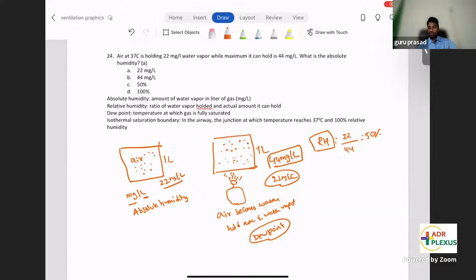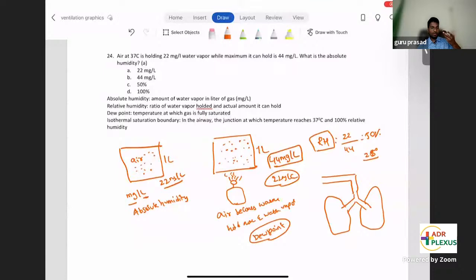Okay. So next important thing is, what is isothermal saturation boundary? Let us assume this is the bronchus, trachea, this is your lungs. Normally whenever we breathe in air, the room temperature will be around 25 degrees or something, and the water vapor is very less.